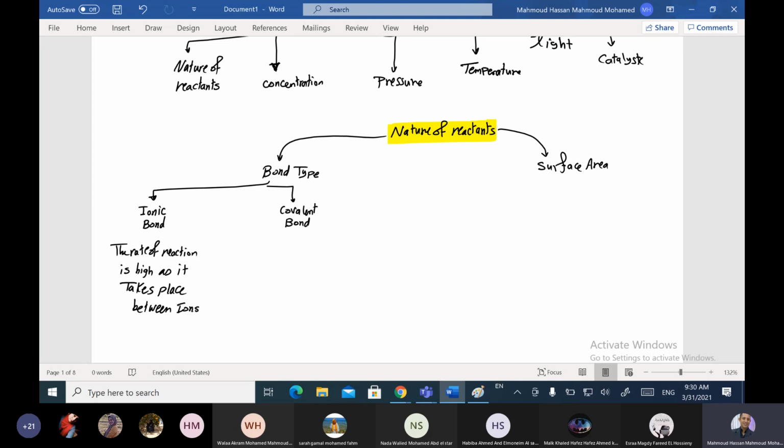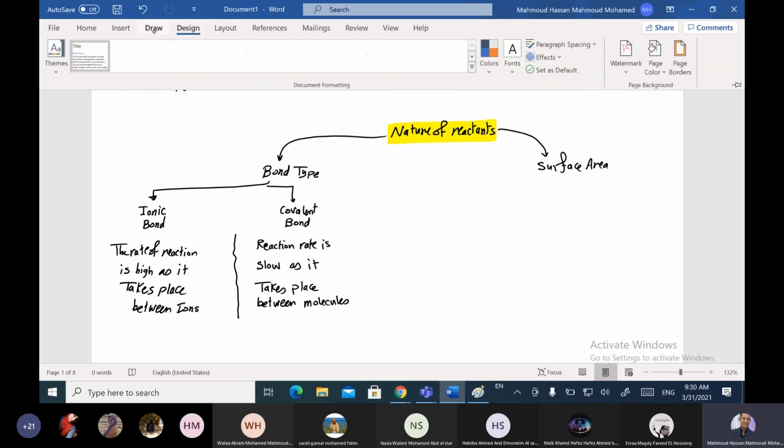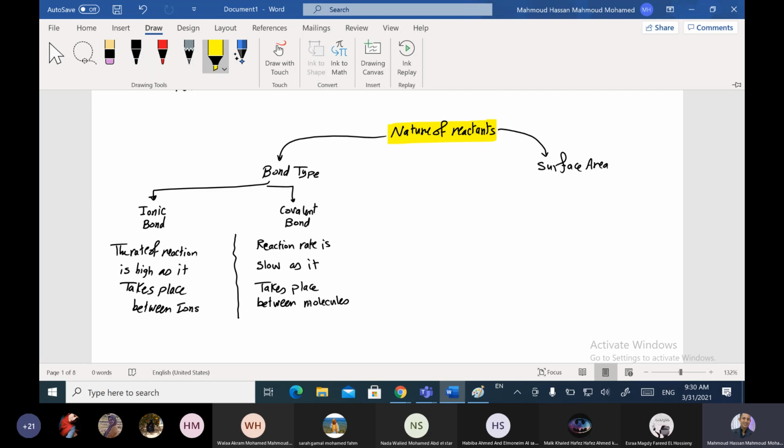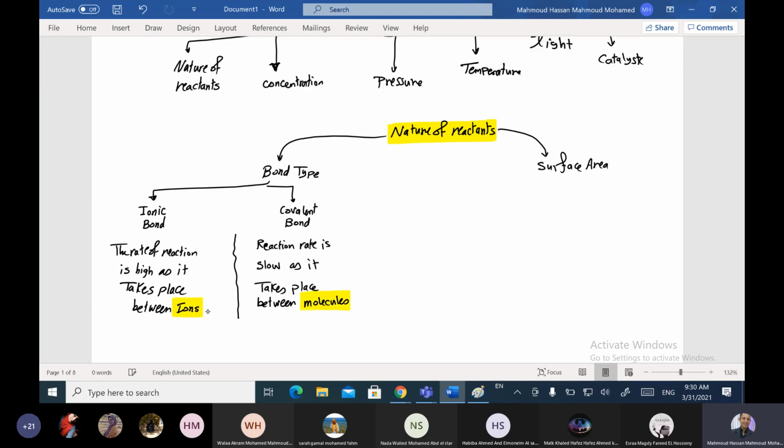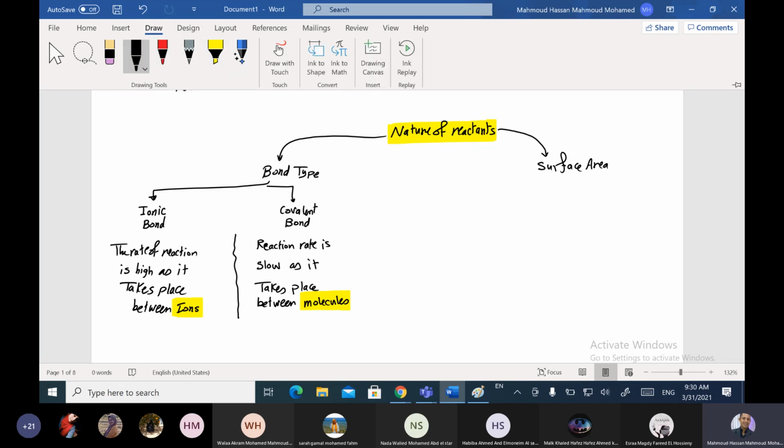While in the case of a covalent compound or covalent molecule, the reaction rate is low or slow as it takes place between molecules. So between ions versus molecules makes the reaction become fast or slow.